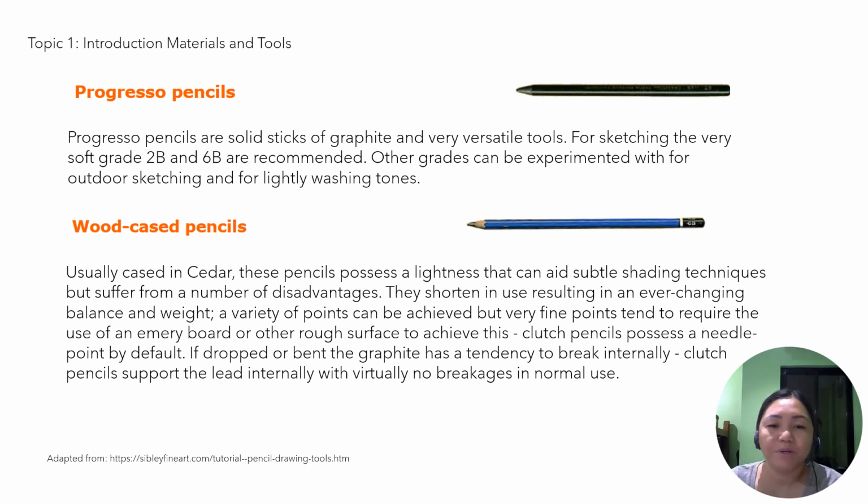A variety of points can be achieved, but very fine points tend to require the use of emery board or other rough surface to achieve this. Clutch pencils possess a needle point by default. If dropped or bent, the graphite has a tendency to break internally. Wood case pencils support the lead internally with virtually no breakage in normal use.